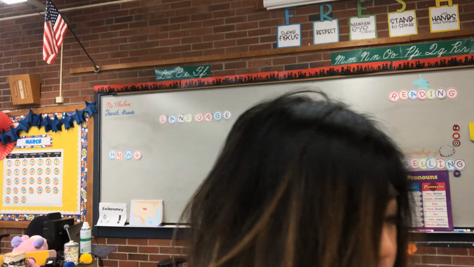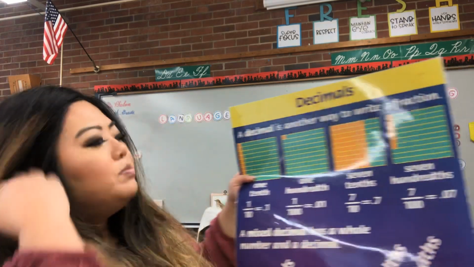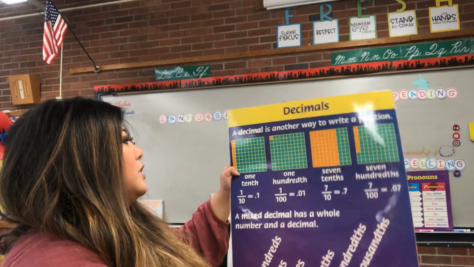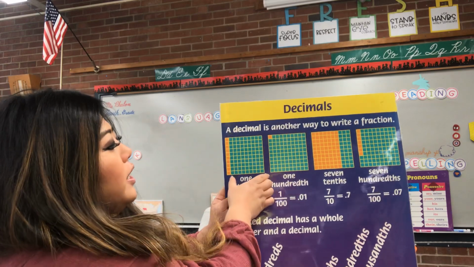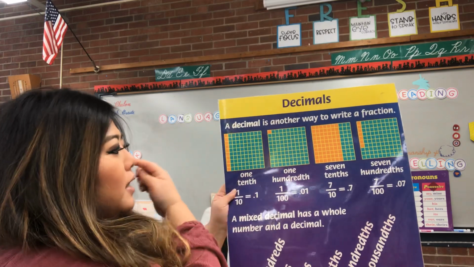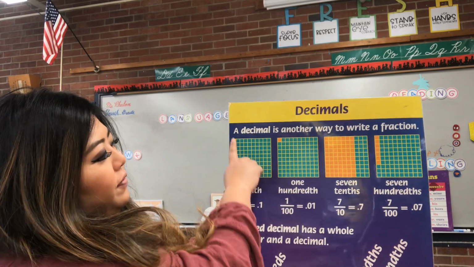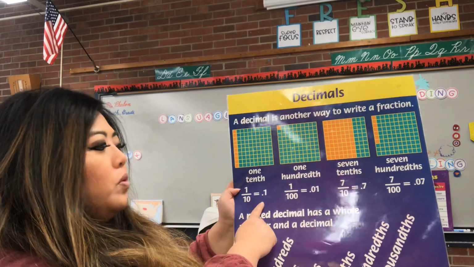Now let's look at this chart over here. We have our decimal chart, and a decimal is another way to write a fraction. So here we have 1/10. If we're using our cubes, it's one line of the 10. If you had these grouped in tens, this is 1/10. 1/10 equals 0.1.